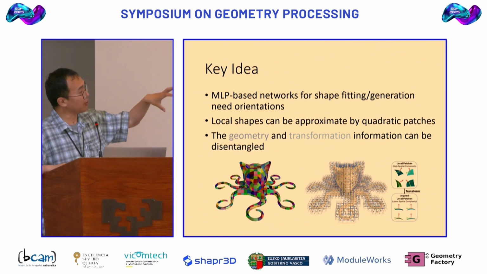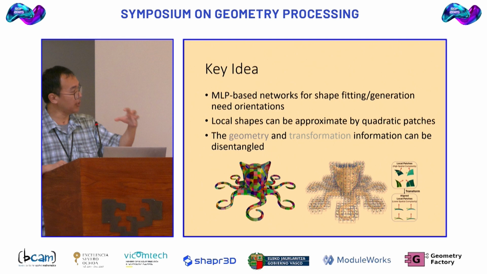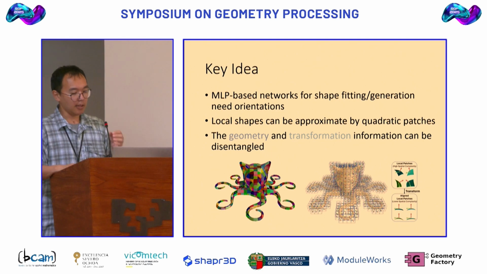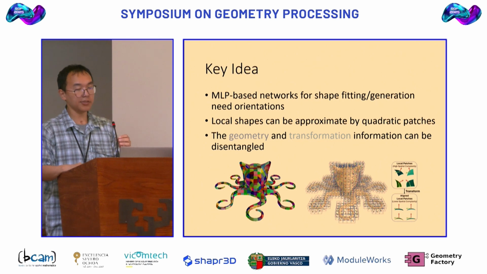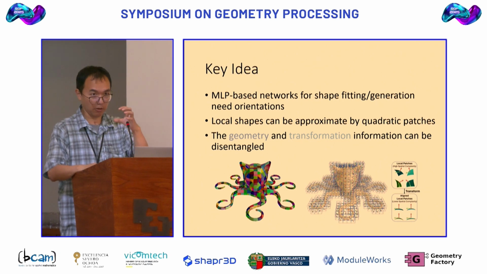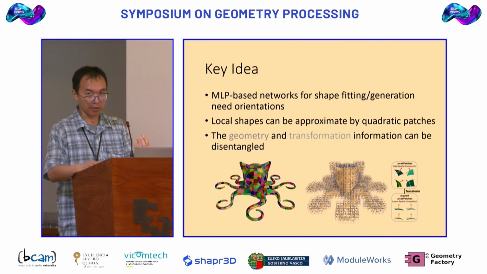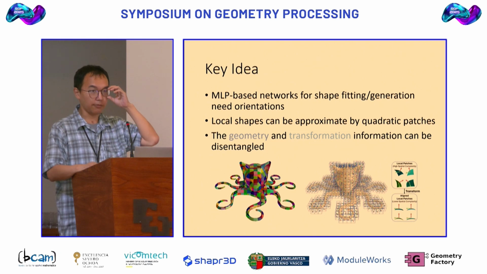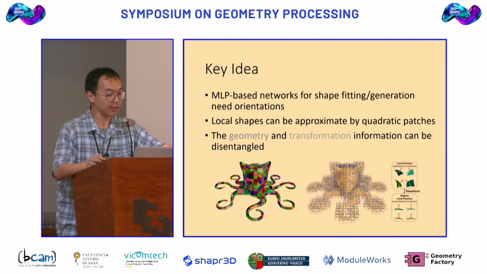We have this grid that discretizes the space, and we associate each cell with a learnable coordinate frame. We learn the coordinate frame both during training and during inference. Then we also learn the MLP after factoring out the coordinate frame. So that is the idea.